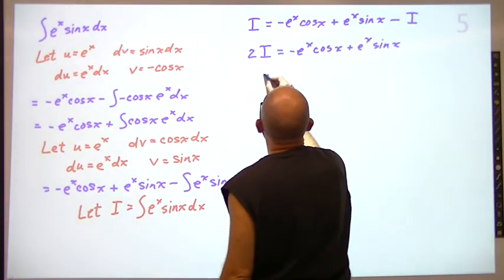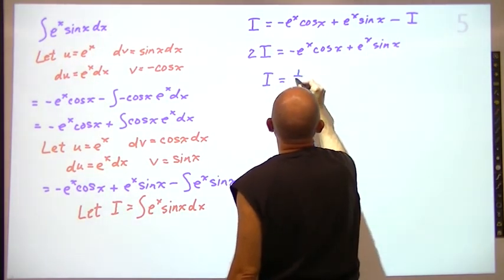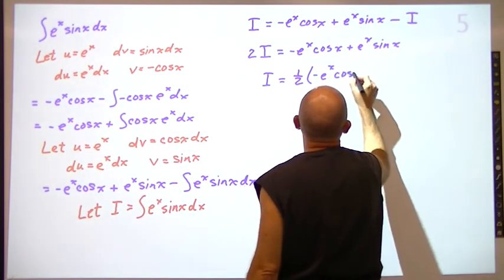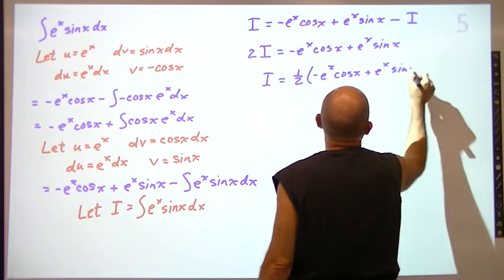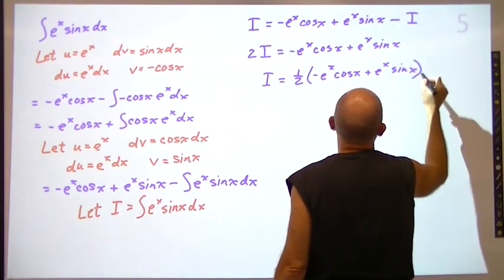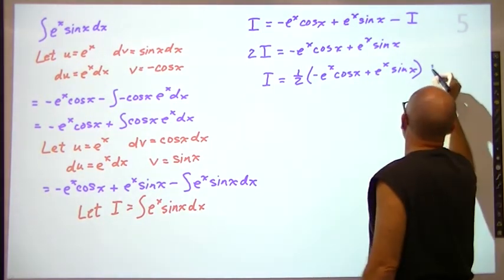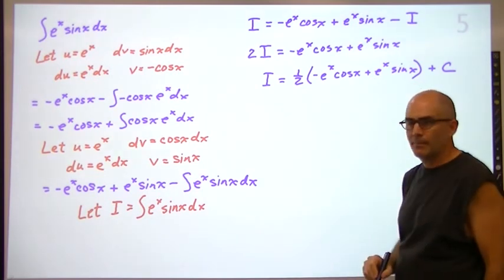And that means I equals 1/2 times negative e to the x cosine x plus e to the x sine x. And notice I did an integration, so I know the final answer has to be plus c.